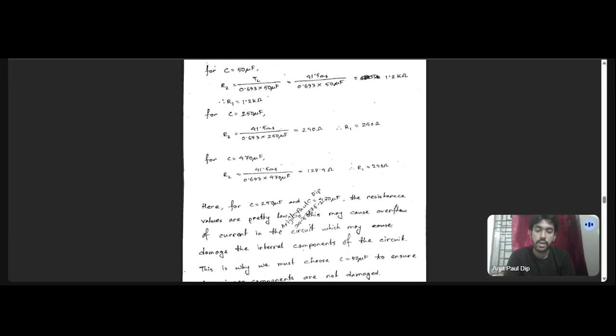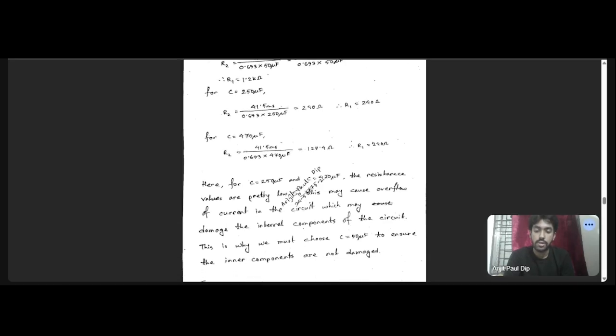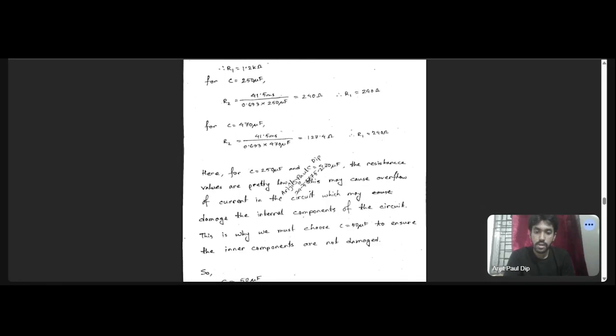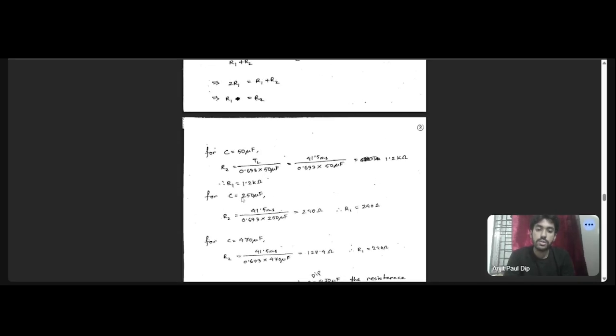So our preference should be to use the maximum resistance we have in our hands. So I have 1.2 kilo ohms if I use the 50 microfarad capacitor. So we came to the decision that we will be using the 50 microfarad capacitor, and R1 and R2 equal 1.2 kilo ohms.